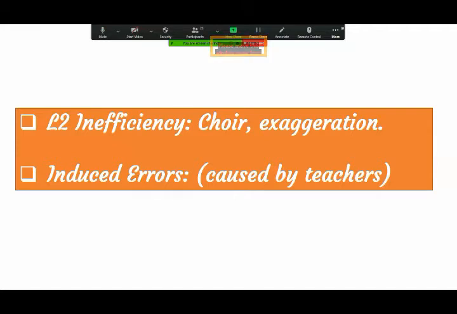A lot of teachers also say increase. Is that right or wrong? Increase, not increase. Is it a noun or a verb? As a noun, increase. As a verb, increase.